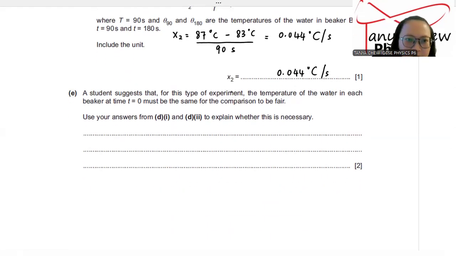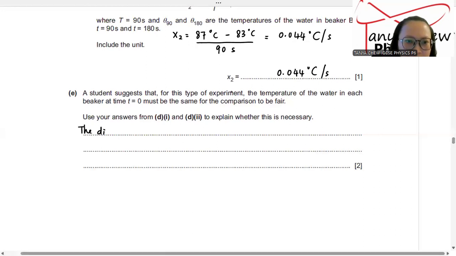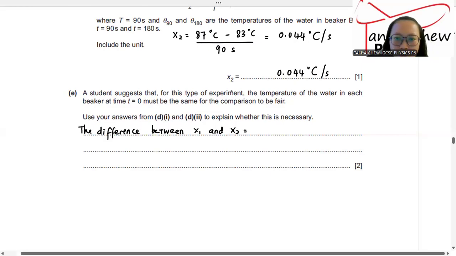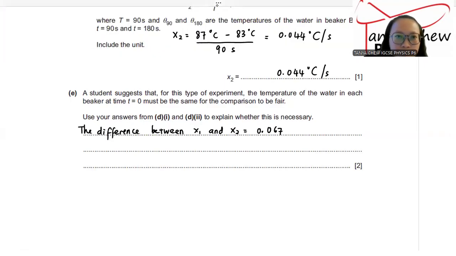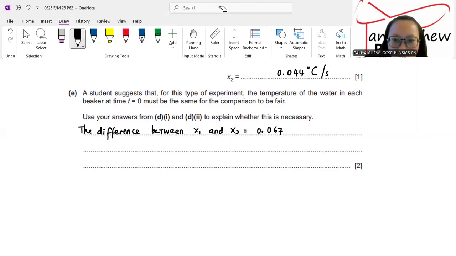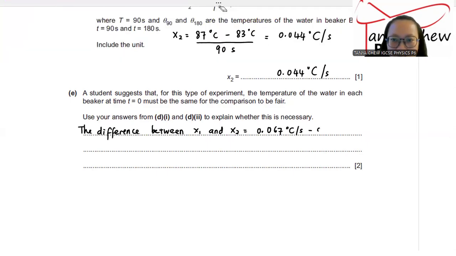Okay, now let me find the difference between X1 and X2, which is 0.067 degrees Celsius per second minus 0.044 degrees Celsius per second. Let me get a value first.